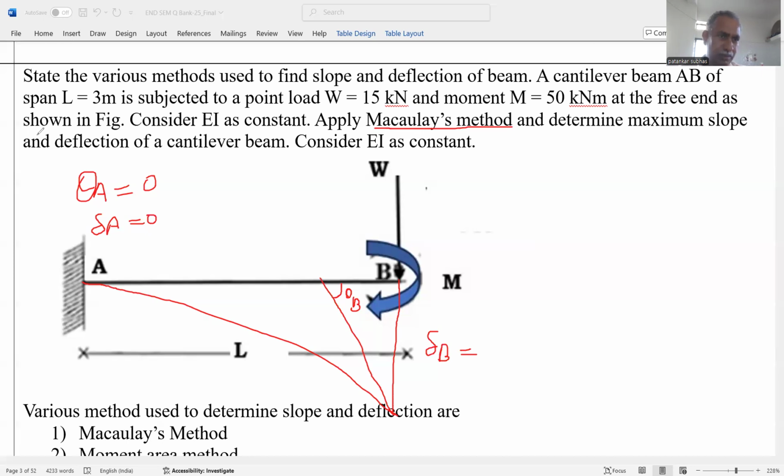When we consider this beam, it is observed that the load is only at the free end. That's why we have considered only one section.